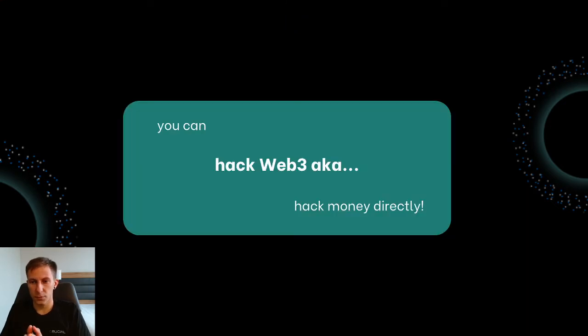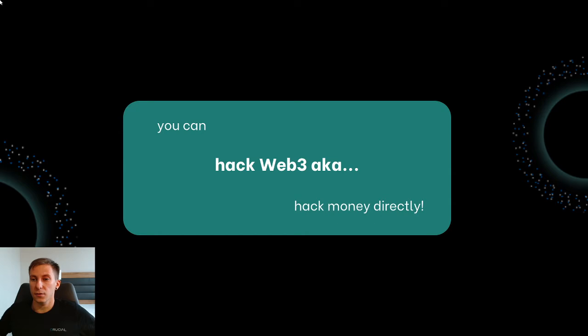So why would you do Web3 or bridge hacking anyway? Well, you can hack money directly. The difference in cryptocurrencies and this new Web3 space, even though most people consider it a buzzword and we see many other buzzwords around it, is that native payments are in the system, so you do not need to play around with bank transfers and credit cards when you want to move money.